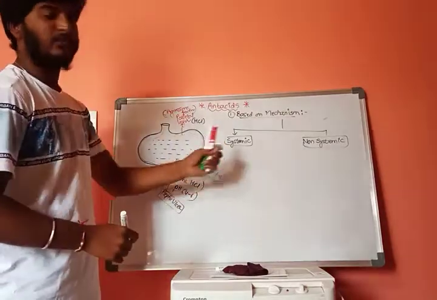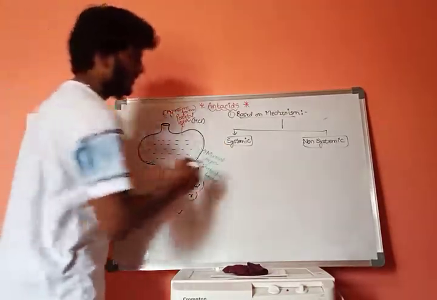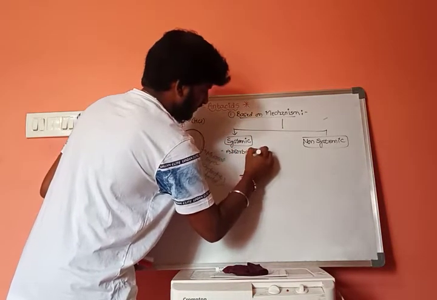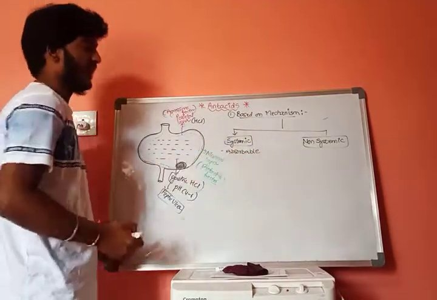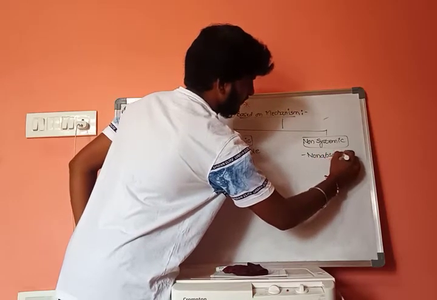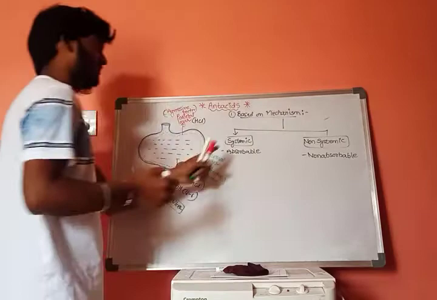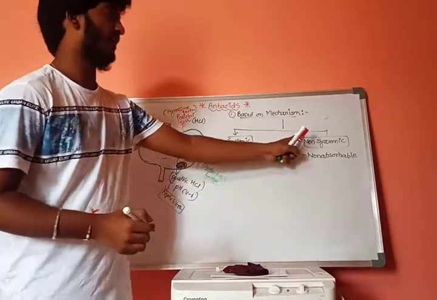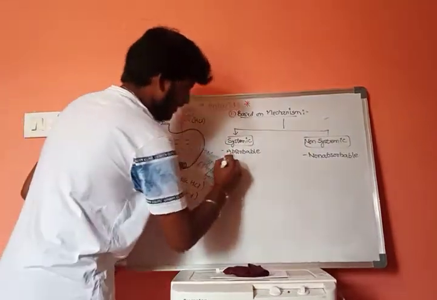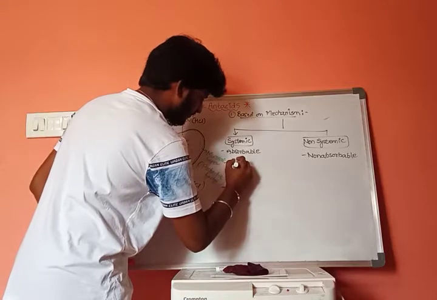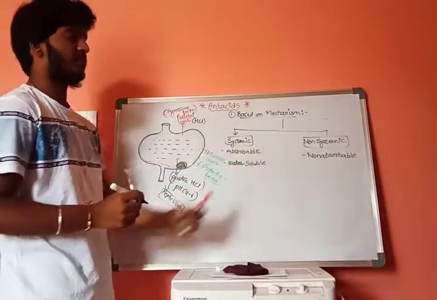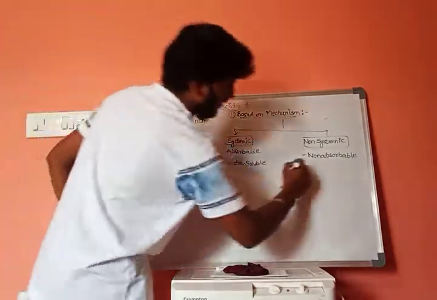These systemic antacids are also called absorbable antacids, and these non-systemic antacids are non-absorbable. Systemic antacids are also called absorbable and non-systemic antacids are also called non-absorbable. The systemic antacids are water soluble, and non-systemic antacids are water insoluble.